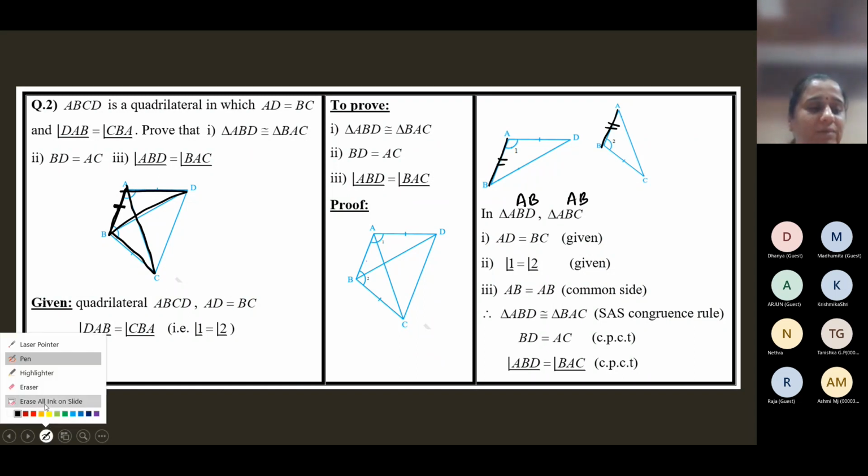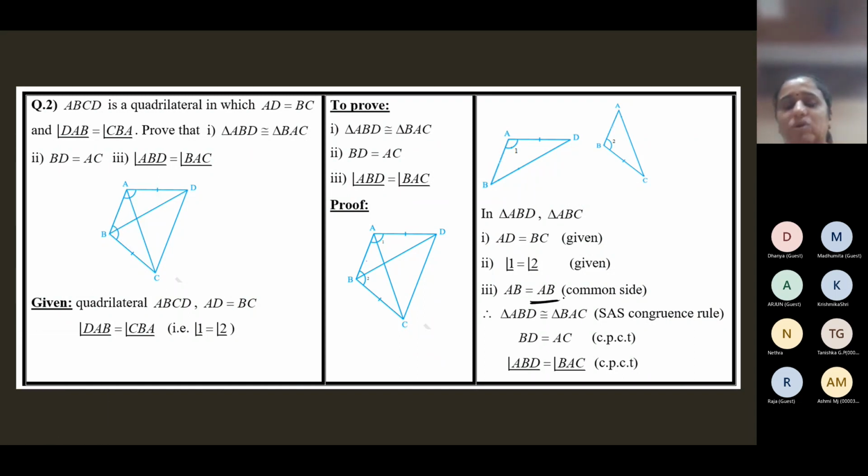So AB is equal to AB, the common side. In one triangle you have this side and this angle. In the other triangle you have AB, the common side, this equal side, and then angle 2. Clearly, it is SAS: two sides and the included angle. For angle 1 these are the two arms, and for angle 2 these are the two arms. By the SAS rule, the two triangles are congruent.